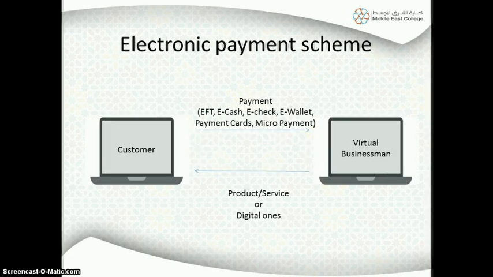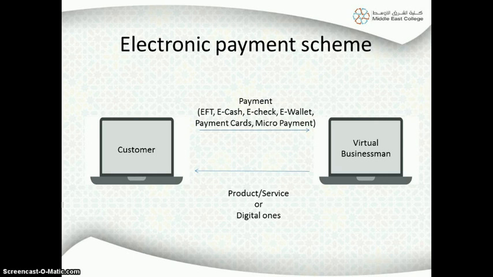Electronic payment schemes enable the customer to pay for goods and services online by using integrated hardware and software systems. The main objectives of electronic payment systems are to increase efficiency, improve security, and enhance customer convenience and ease of use.